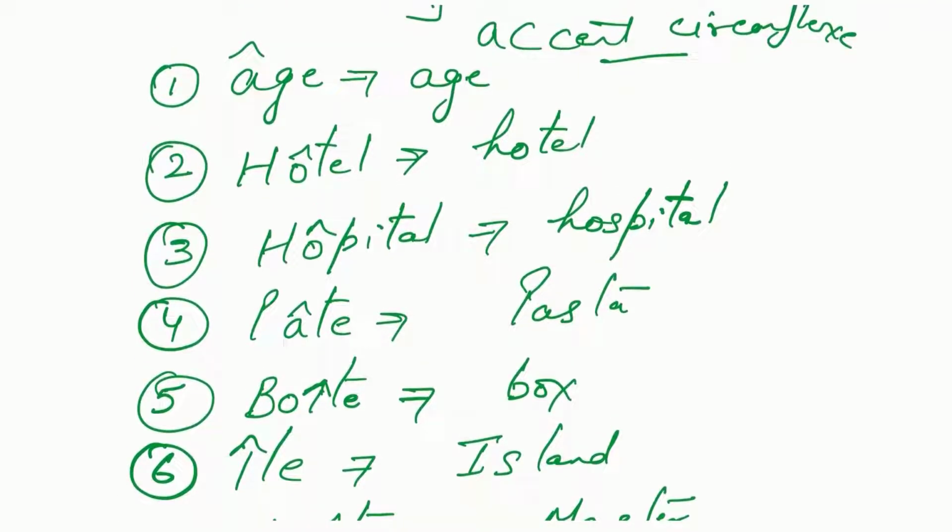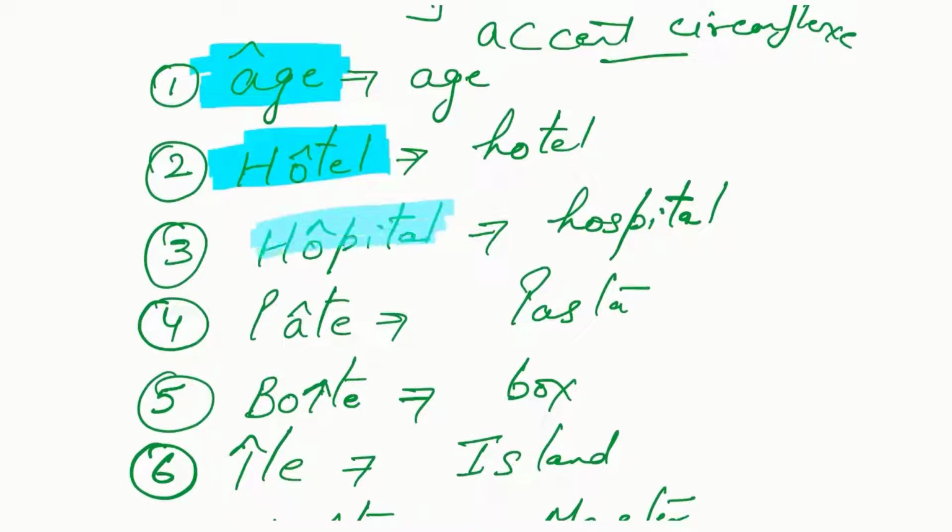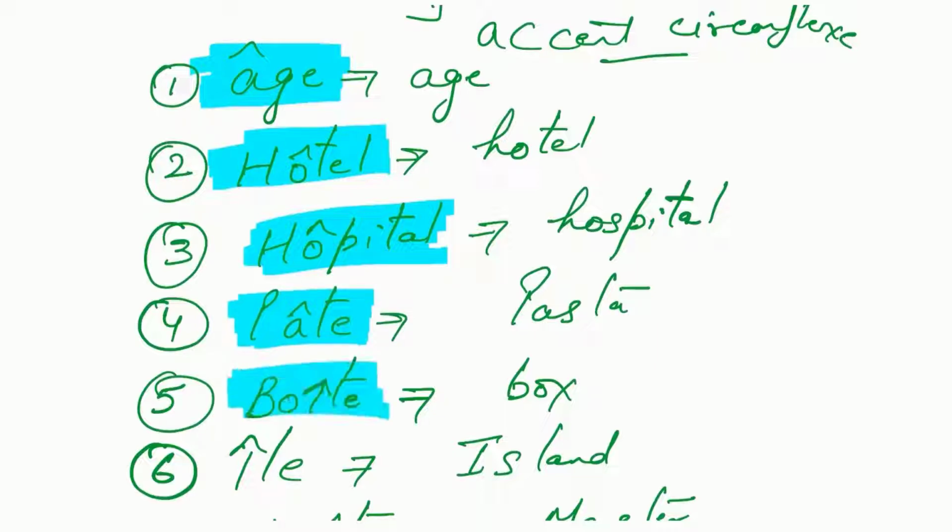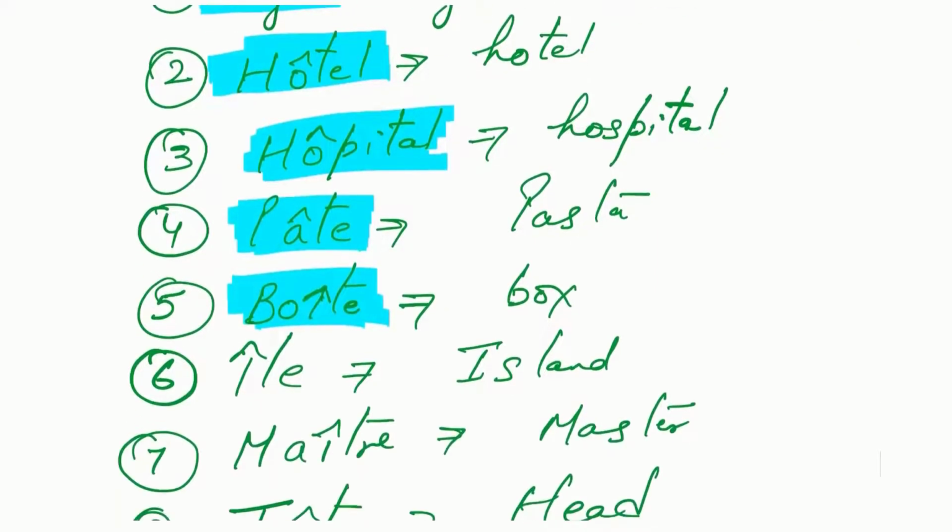Âge, âge, and in English is age. Hôtel, hôtel is hotel. Hôpital, hospital. Pâte, pasta. Boîte is box.